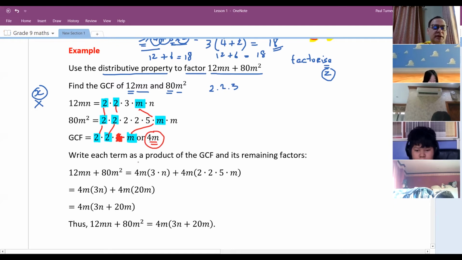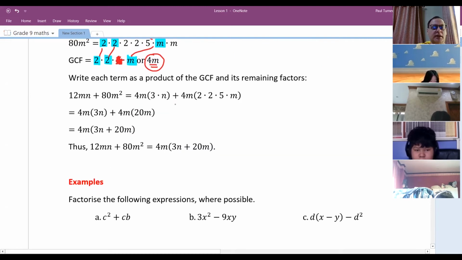That is the number you take out the front here. So we've got 12mn. We break it down to 4m, 3n. So 4 3s are 12. mn is mn. It's probably quite hard at 8 o'clock in the morning, isn't it?